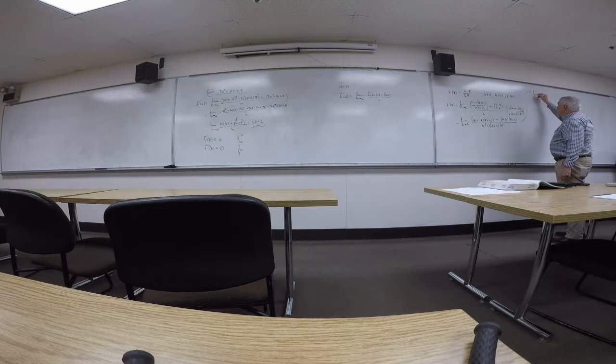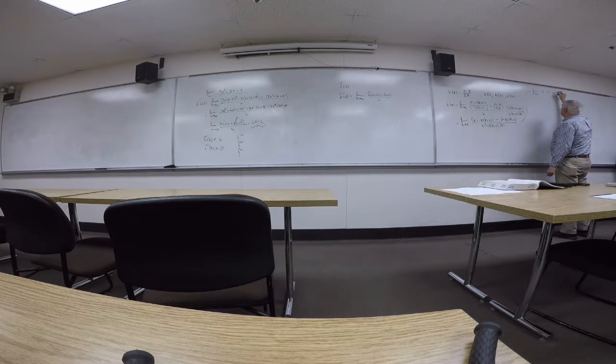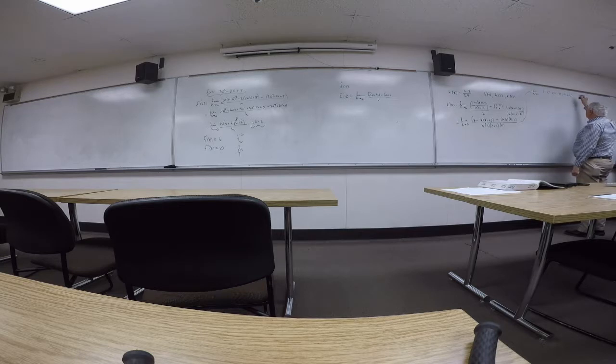Equals the limit as h approaches 0 of z minus z squared minus zh, 1 times z minus z, 1 times h minus h, z times z plus z squared, z times h plus zh, all over my h times 2 times z plus h times z.